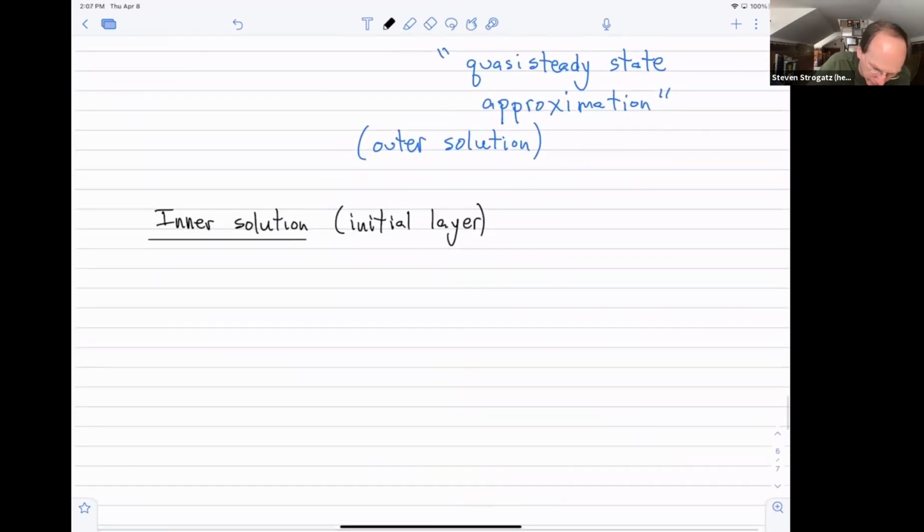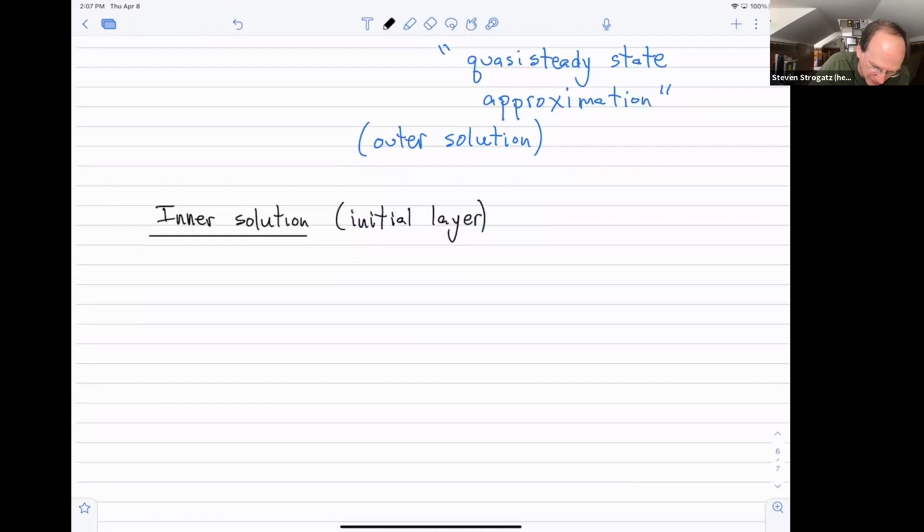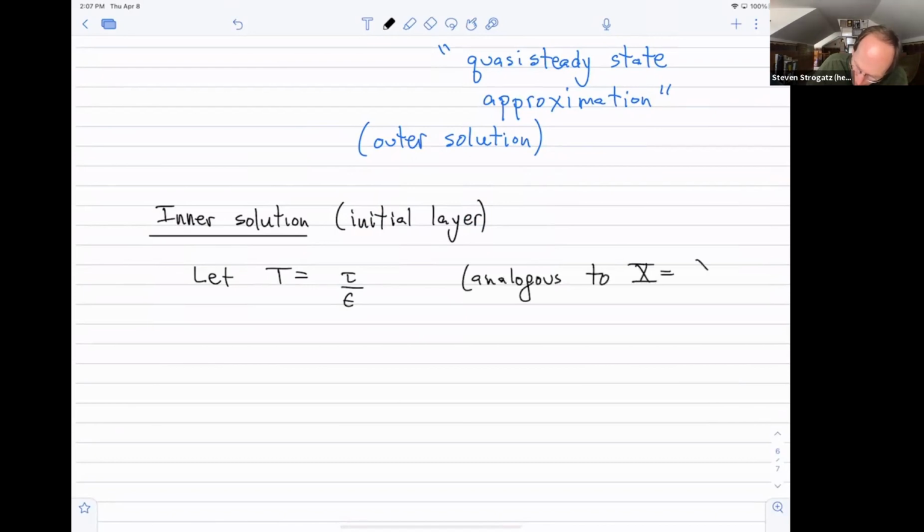So it seems natural to define an inner time scale, let's call it capital T, to be this dimensionless time tau divided by epsilon. That's analogous to our usual big X equals little x over epsilon in a boundary layer, that we've been doing for the past several lectures.